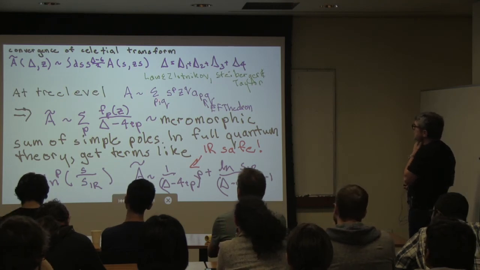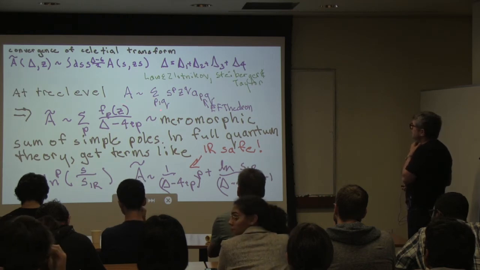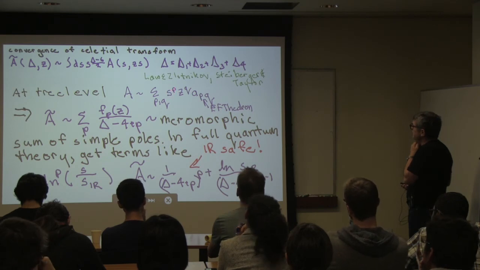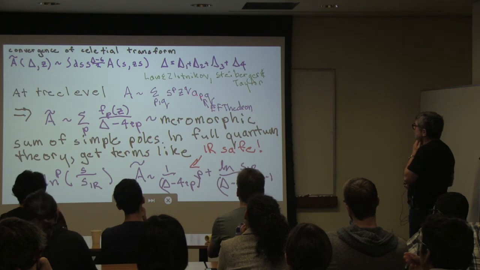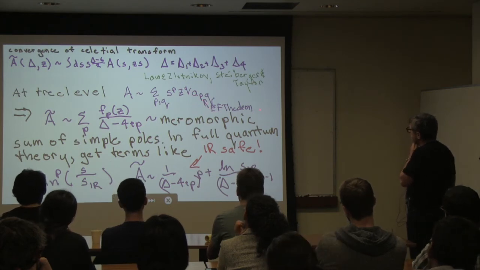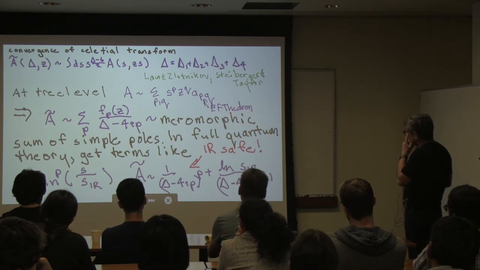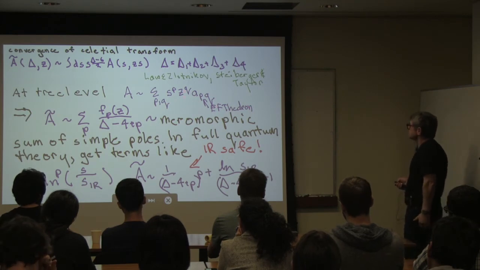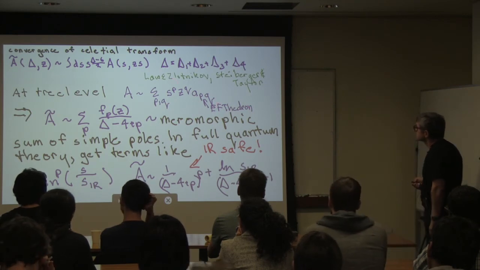Okay, so at tree level, we would expect amplitudes which would be some power of S times some power of Z, with some coefficients A_PQ. And these A_PQ, as has been discussed by people in the amplitudes community, obey all kinds of interesting positivity constraints.